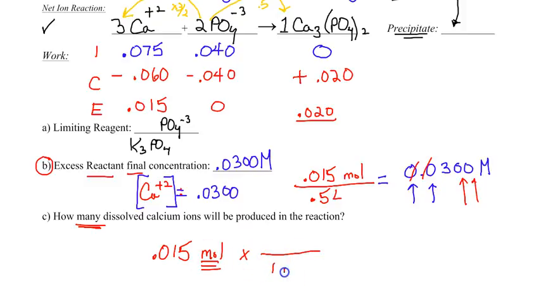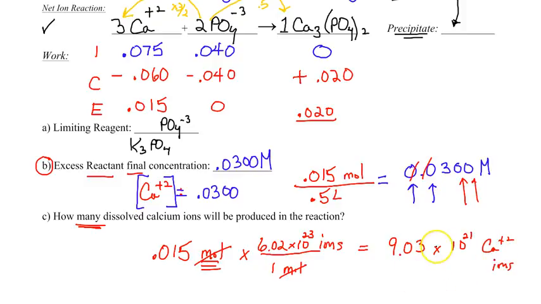So for every 1 mole, we have 6.02 times 10 to the 23 of stuff. In this case, it's ions. So that's all I'm doing. And of course, when I do that, I get 9.03 times 10 to the 21 calcium plus 2 ions. All right. Last little piece is our drawing.